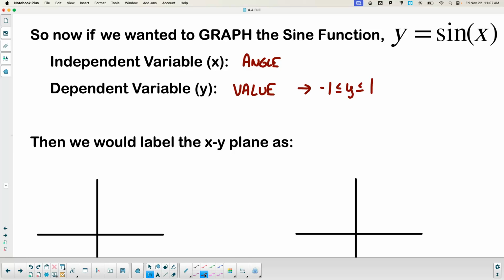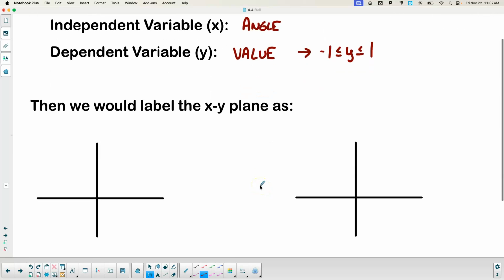How would I label my plane? Normally we label our Cartesian coordinate system with x and y. What would we label it as now?